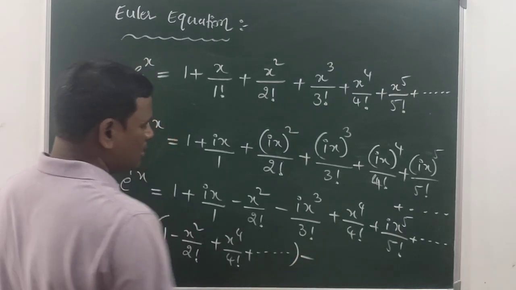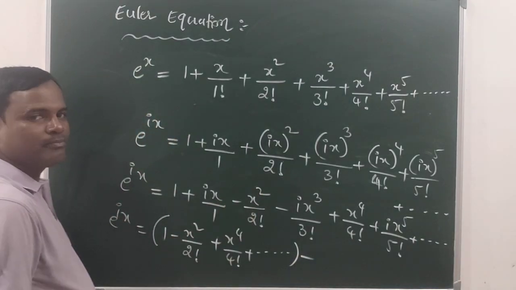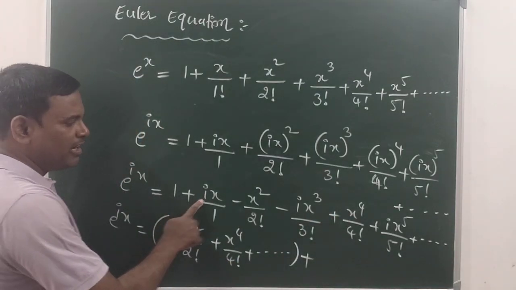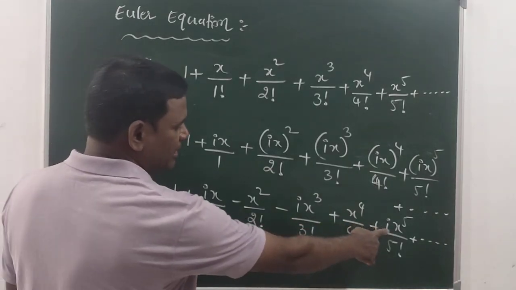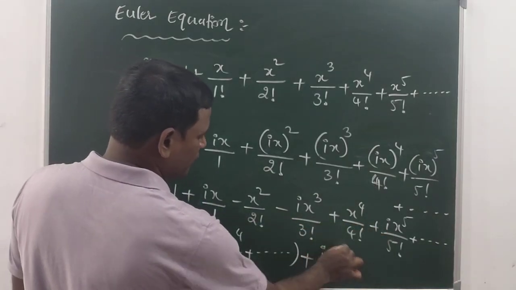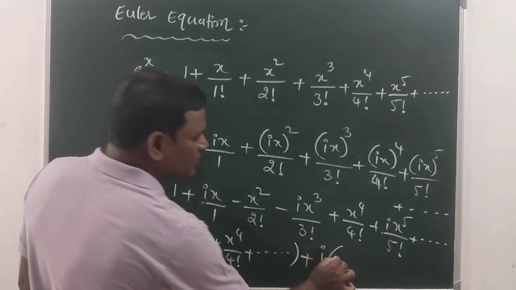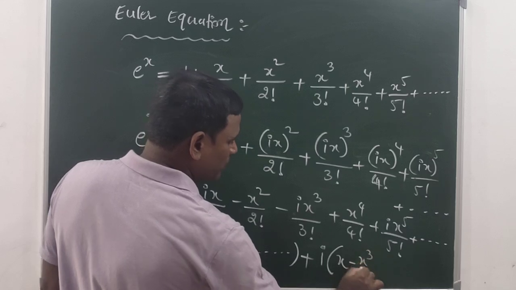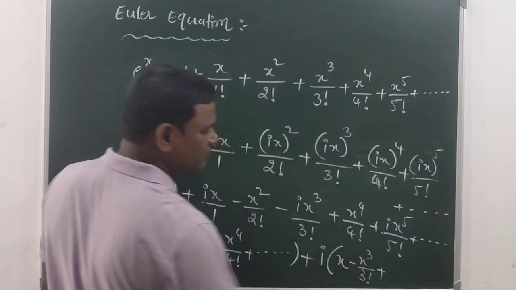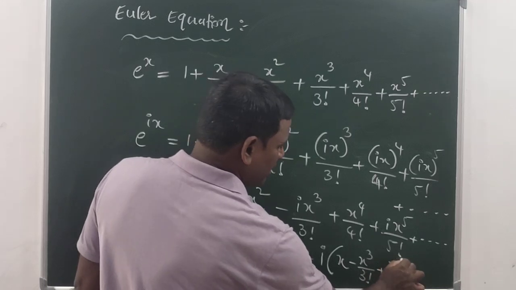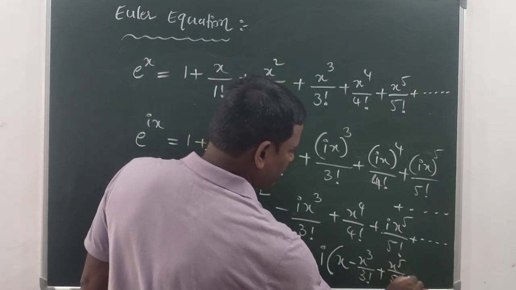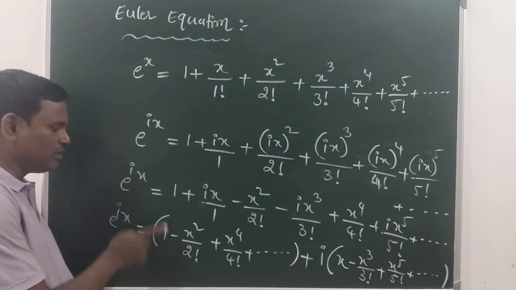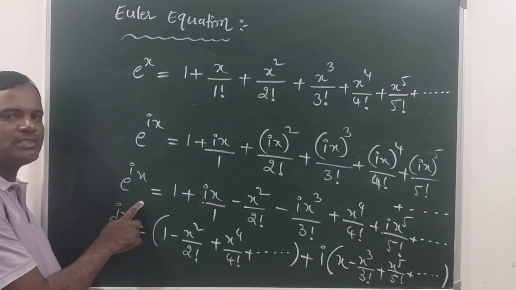Plus, now take i common from the remaining imaginary terms. Here we are having 1i and here we have 1i, and here take i common. If you take i common, here x will come and here minus x cube by 3 factorial and here it is going to be x power 5 by 5 factorial and so on. I hope you have understood how I have written this step.